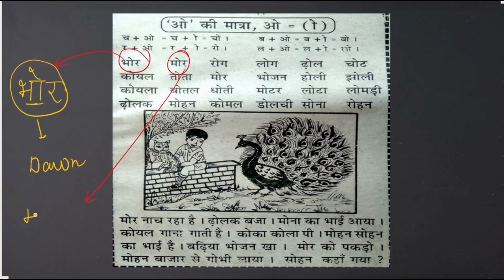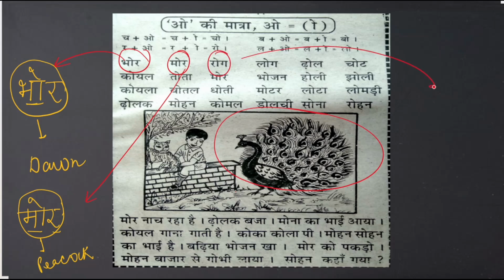This is letter ma, and after applying the matra of O, now it will be pronounced like mo. I just add this letter to this one, ra. Now it became mor, which means peacock, which is shown here in the picture. Ra, again the matra of O, and just add this letter ga to this one.